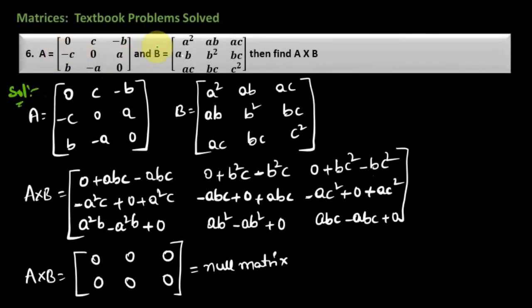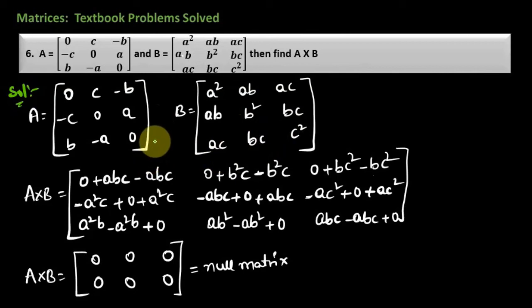Okay, now we'll do the next problem. Here he gave two matrices. He didn't give any numbers, just variables, and is asking us to find A cross B, A multiplied by B, right? So first of all we should check whether it is possible to do the multiplication.